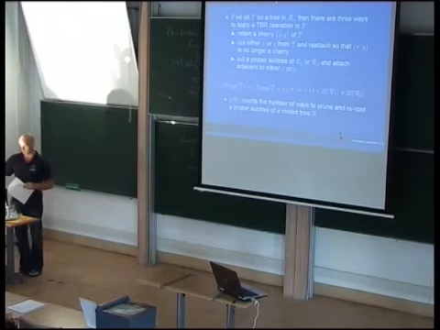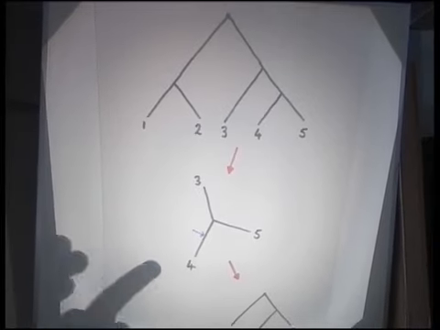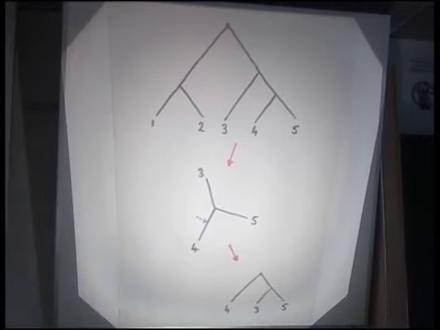So here's an example. We have a rooted tree there. Because we're doing TBR operations, remember that the orientation of what you are going to regraft onto the tree matters. So we cut off this proper subtree, 3, 4, 5, and unroot it, because we can attach it any way we want, and then we choose a new root, and I've chosen to root it on this edge, the pendant edge that attaches 4 to the tree.